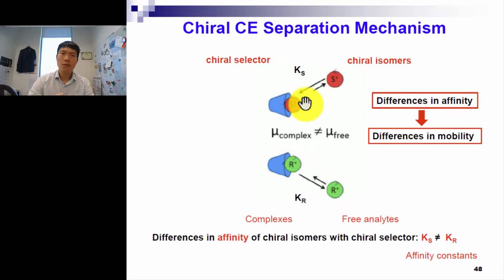When you have a difference in affinity, there's also a difference in mobility as a whole, because now you have a free isomer and one that is tagged along with the chiral selector. The same goes for the R. When you have this exchange, it happens at a different rate, and you also have a different proportion of S and R, depending on the equilibrium shift. So effectively, you are comparing the amount in the complex form and the free analyte of your R and S isomers.